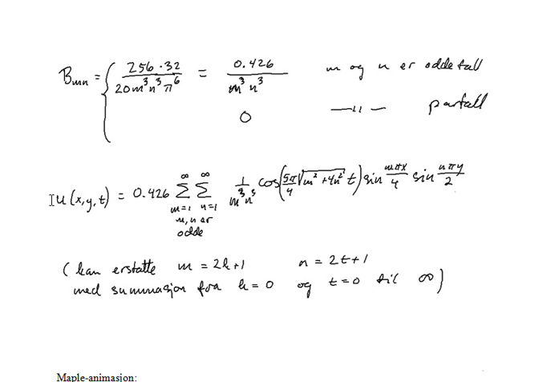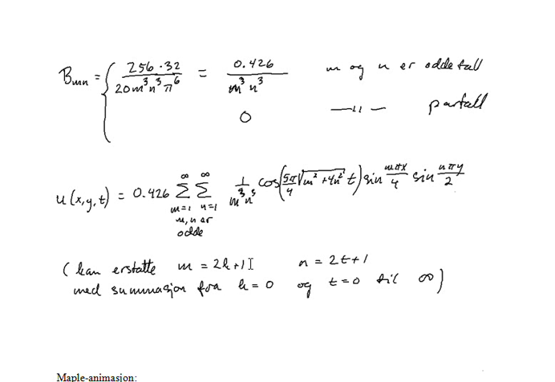So by using the general expression for the solution u, we obtain this expression. And we note here that we can drop the 0 terms when m and n are even numbers. So then we note that m and n should be odd numbers in this expression.